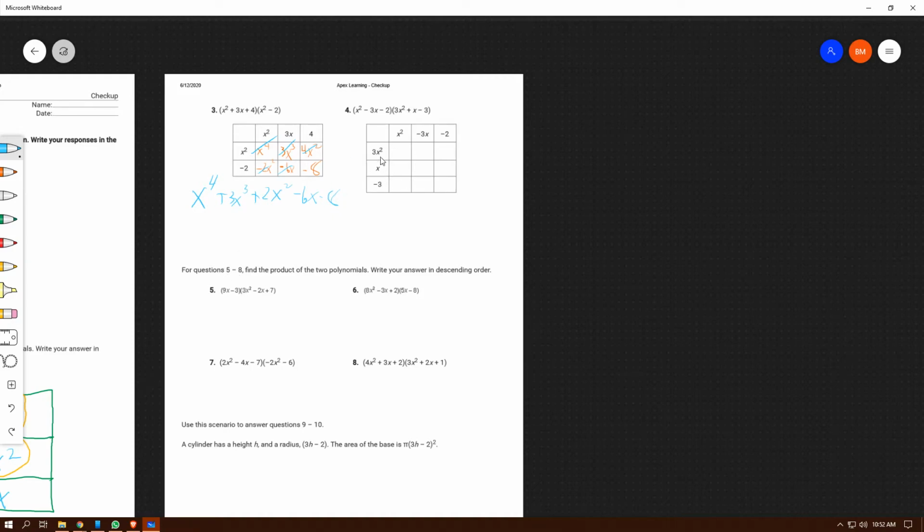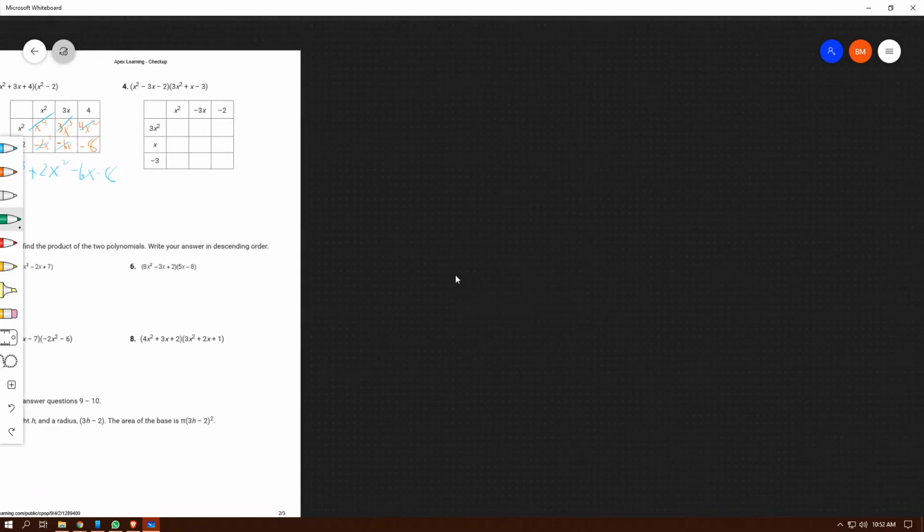All right, so now the next one we have is a 3 by 3. That's fine. 3x squared times x squared is going to be 3x to the fourth. 3x squared times negative 3x is going to be negative 9x cubed.